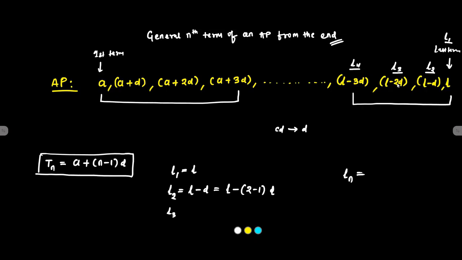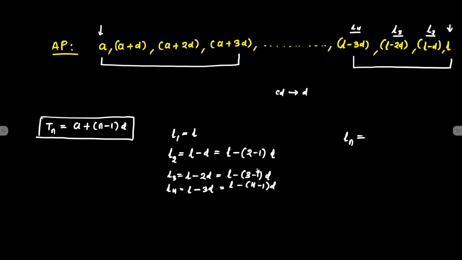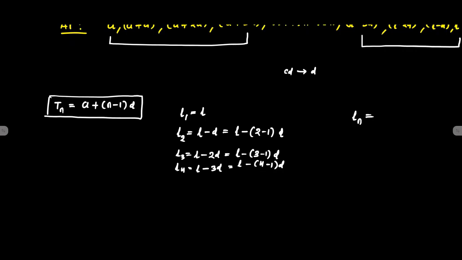L3 is how much? L minus 2d, or we can write it as L minus 3 minus 1 d. Similarly, L4 is equal to L minus 3d, which is equal to L minus 4 minus 1 d. So here if you see, there is a relationship between the particular term from the last and here.